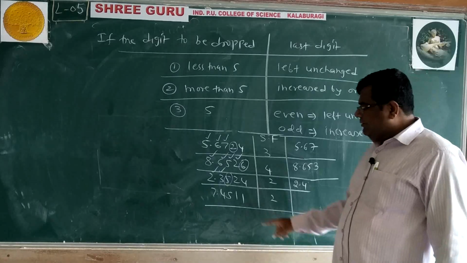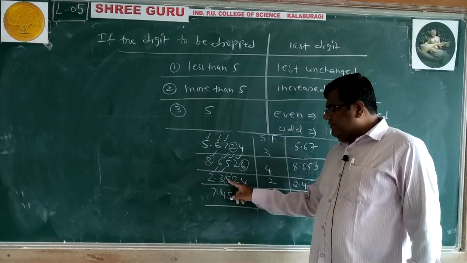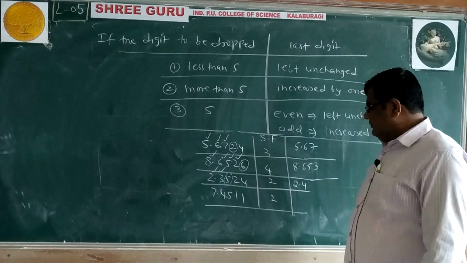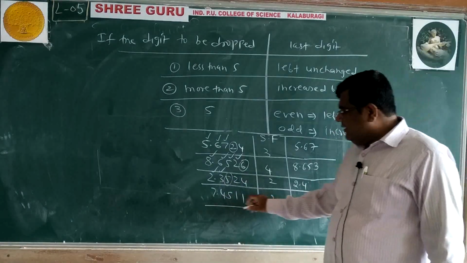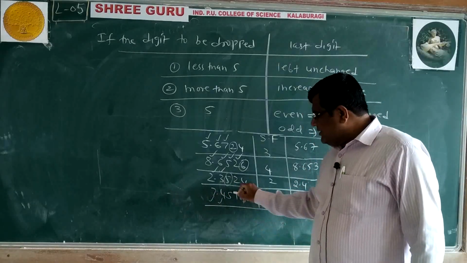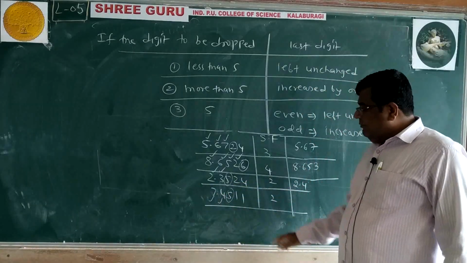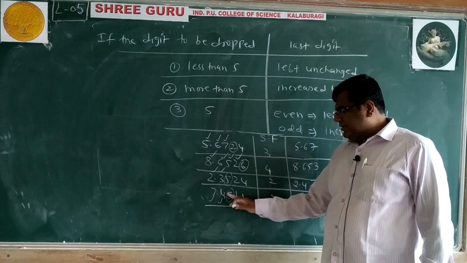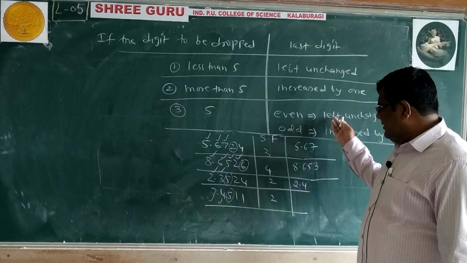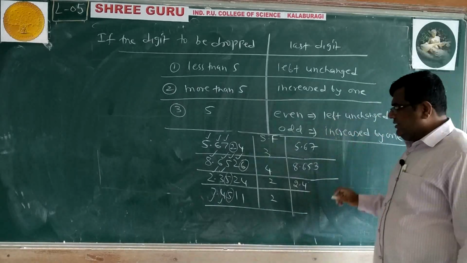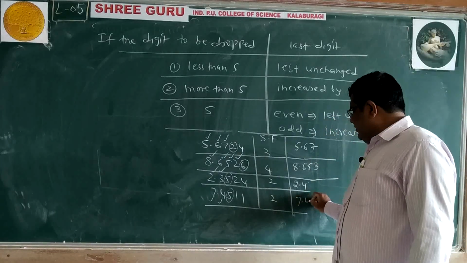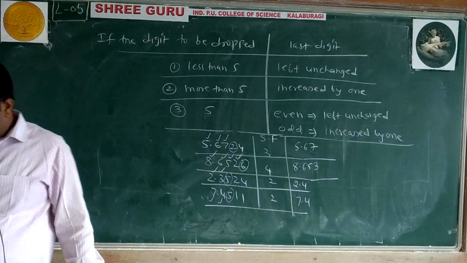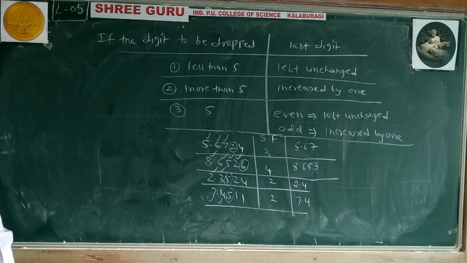The 3 is increased by 1 because 5 is to be dropped and the digit before it, 3, is odd. Now only 2 we need here: this 1 and 2. This 5 is to be dropped, but the digit we are retaining is even, so no need to increase by 1. If it is even, it is left unchanged. So it is 7.4. Try to understand this. They are not difficult examples.